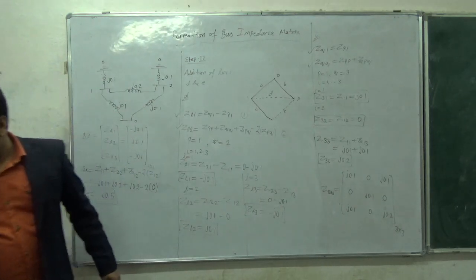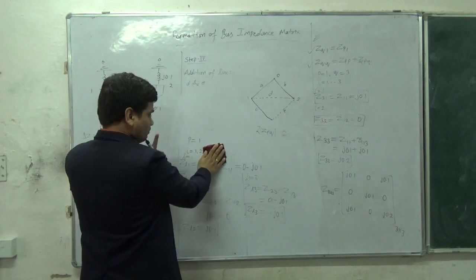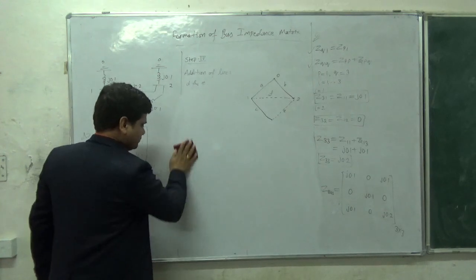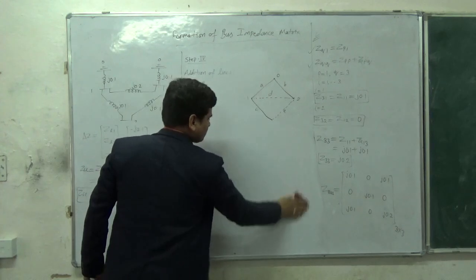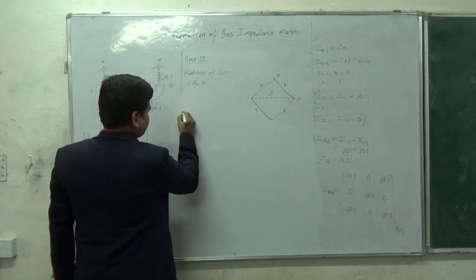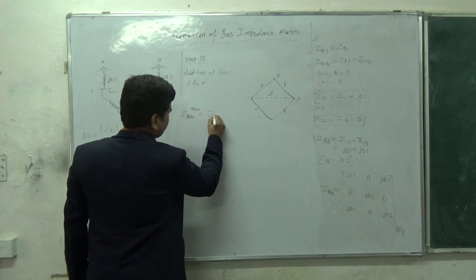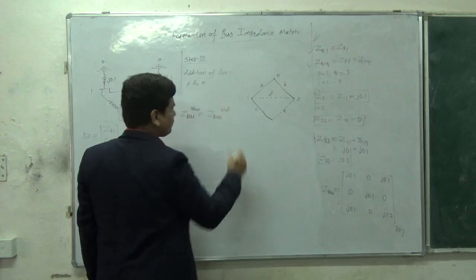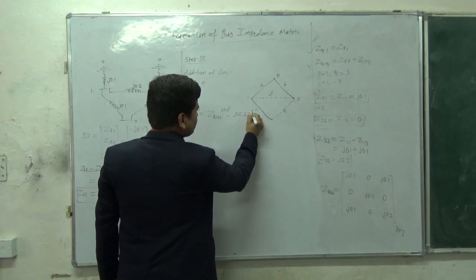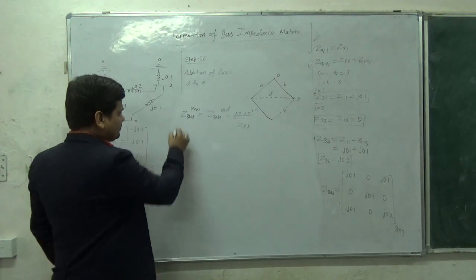The next formula: Z bus new is equal to Z bus old minus del Z transposed upon ZLL. Okay, very important formula.